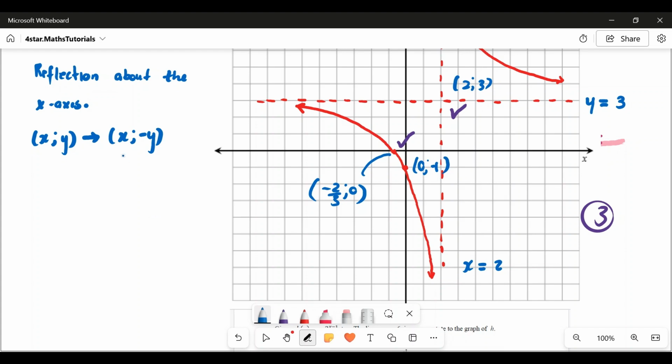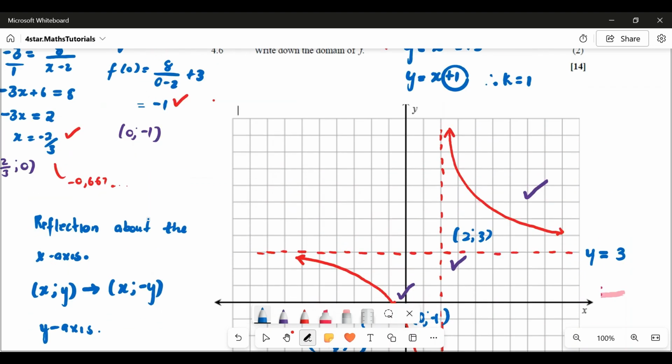For the reflection about the y-axis, it is the opposite. If I have coordinates x and y, and I reflect them about the y-axis, then y will remain the same, then x is the negative inverse. So this can also apply to functions.